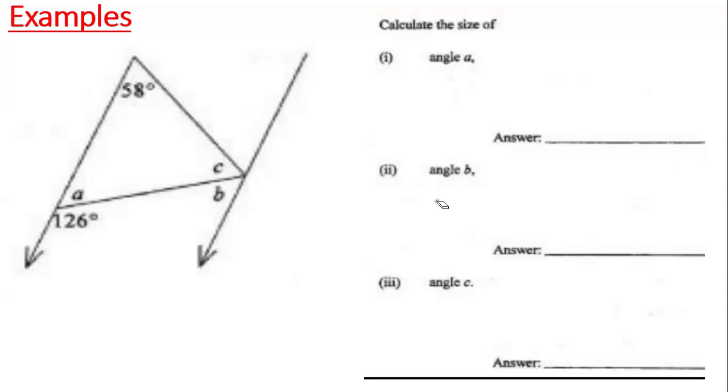Where's Destiny Johnson? Are you writing this down? Yes, sir. Okay, good. And Daniel Curry, you have this down? Mr. Batik, may I go to the bathroom please? Yes, you can.